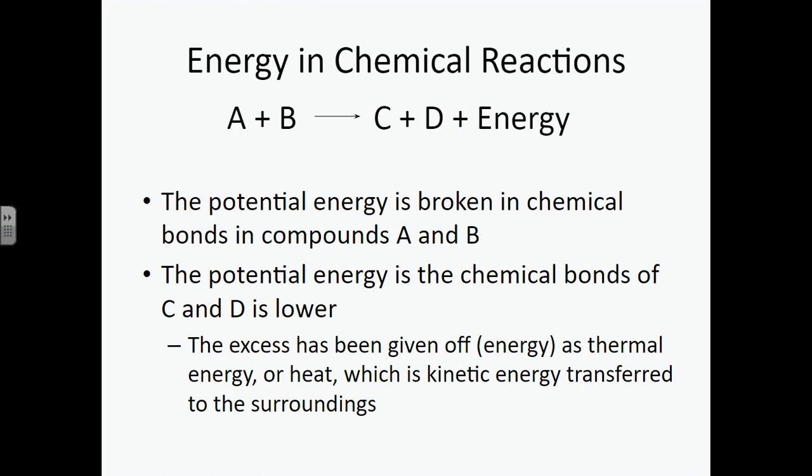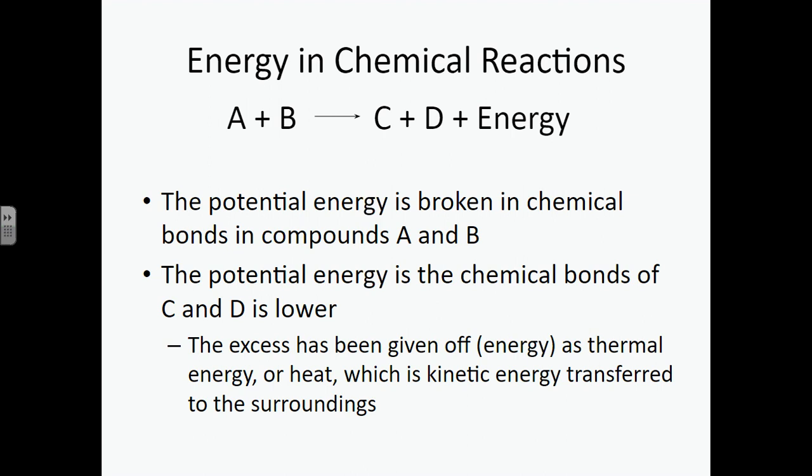All right, so let's tie this into chemical reactions. When we're talking about chemical reactions, there's a general scheme that you react A plus B that yields C plus D. But in order for that to happen, the potential energy has to be broken in the chemical bonds of compound A and compound B to create the product.